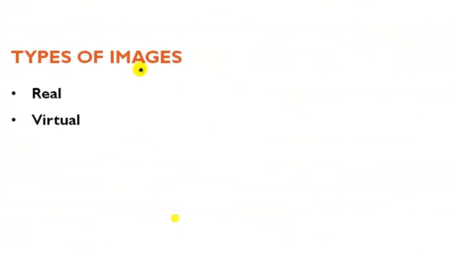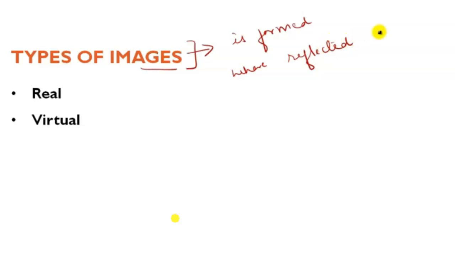So now types of images. Let's come to types of images. We have two types of images. Let me tell you what an image is. An image is formed when two or more rays actually meet at a point or appear to meet at a point.